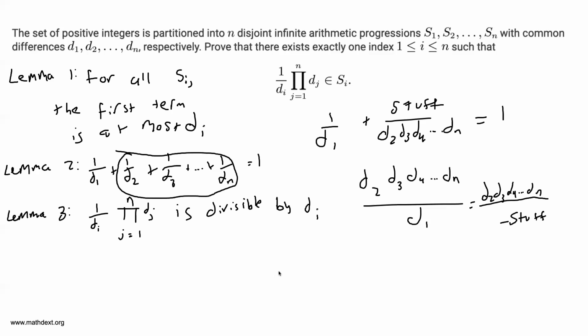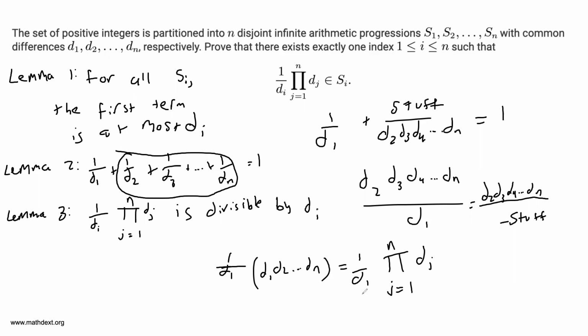However, we can rewrite this as 1 over d1 times the product of all of the differences. We can write this in product notation as this thing we had over here, right?